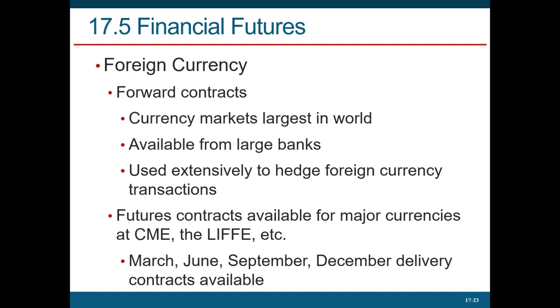And in order to manage the risk of foreign currency exchange, a company can utilize foreign currency futures contracts or forward contracts. Right? And it's another very popular futures contract among those large U.S. corporations.